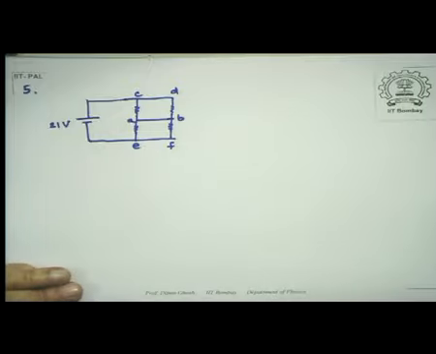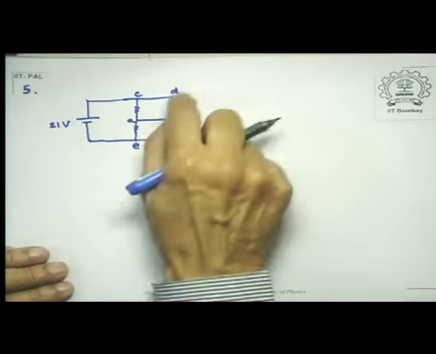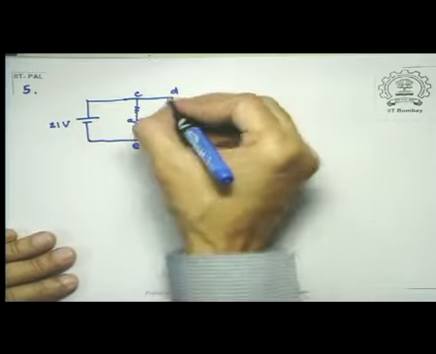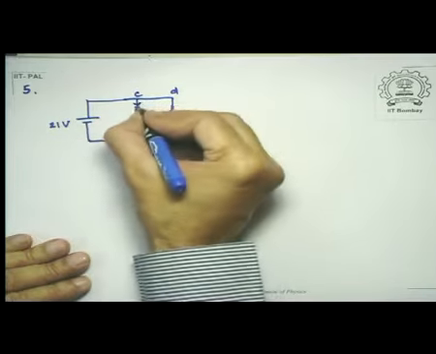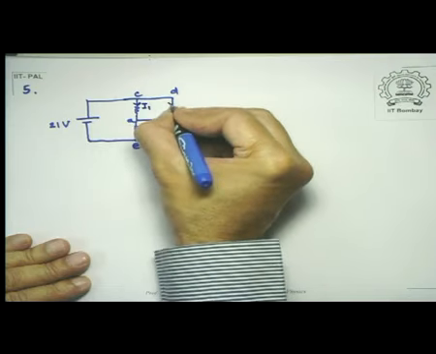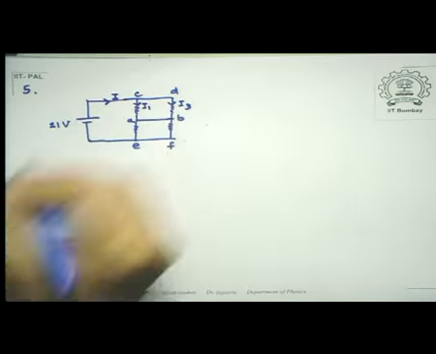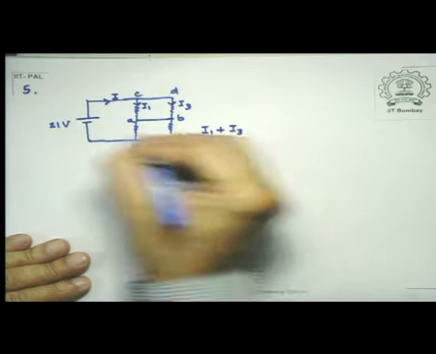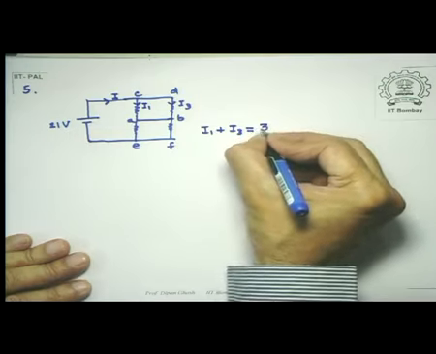So my current in this section CA is not equal to the current in this section CB. In fact, if we remember, we called this one I1, this one I3, and this was I. So my I1 plus I3 must be equal to the current supplied, which is 3 amperes.